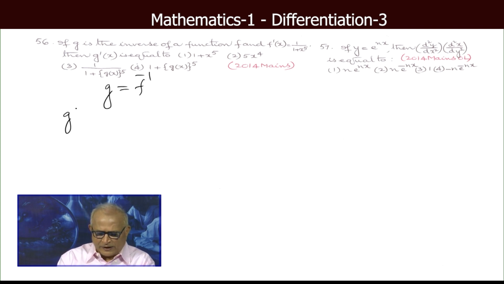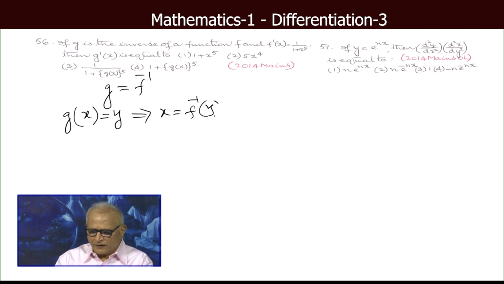Let g x equal to y, then x equal to f inverse y or g inverse y. Okay. Then what is dx dy?